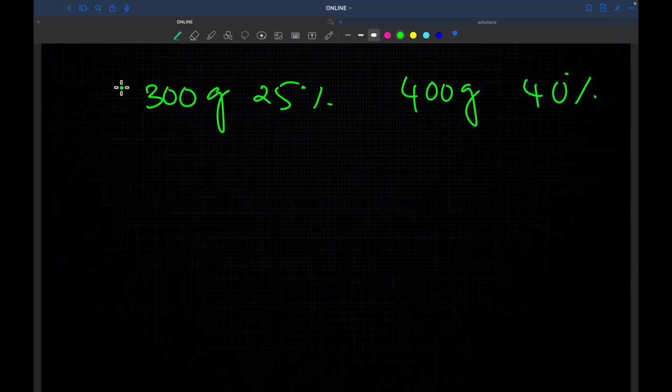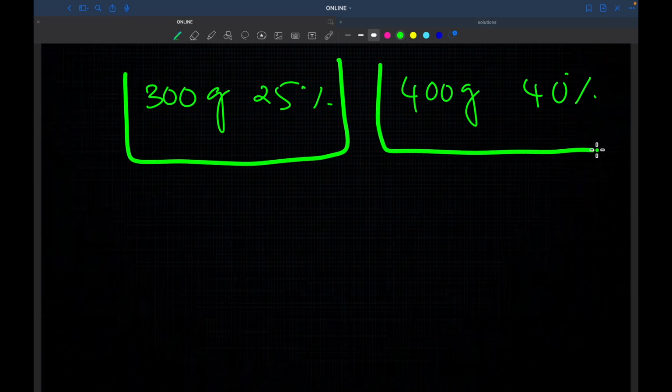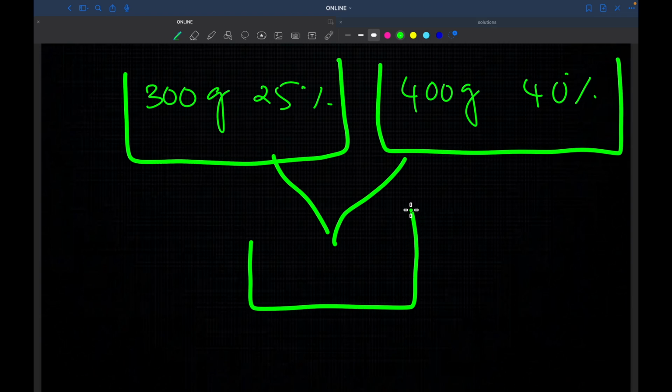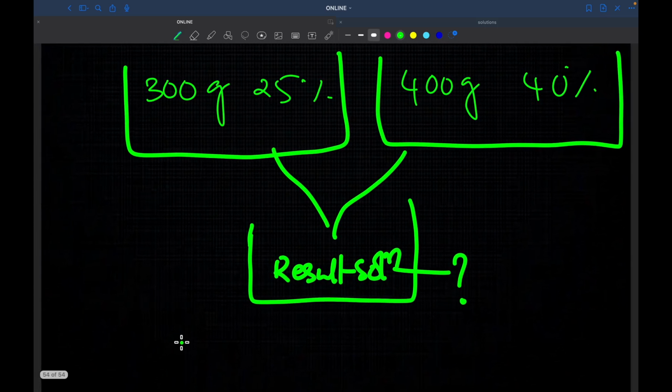So we have two solutions. This is the first solution, this is another solution, and both the solutions are mixed together and combined in a third container. So this is the resulting solution, and we are asked the percentage of this mixture.